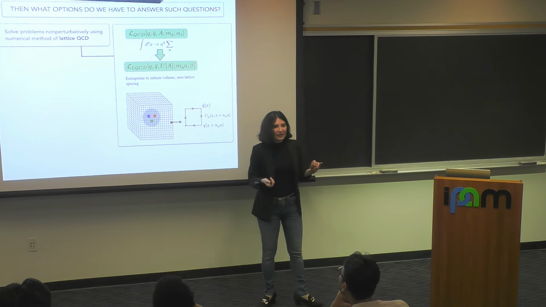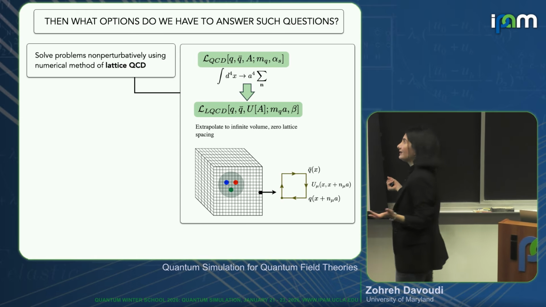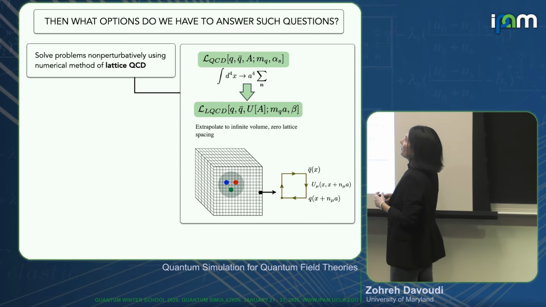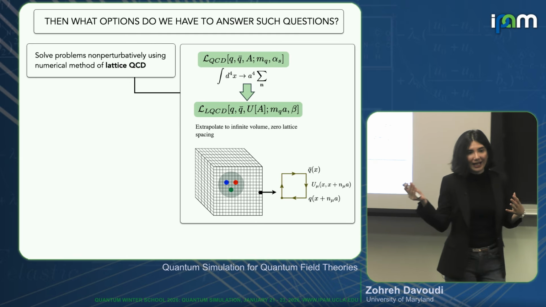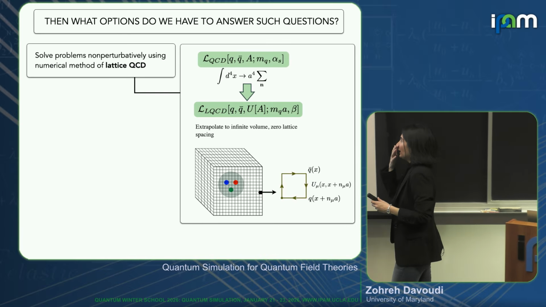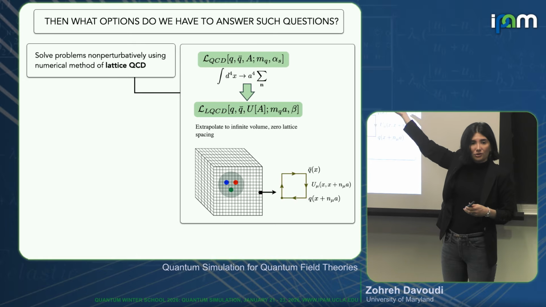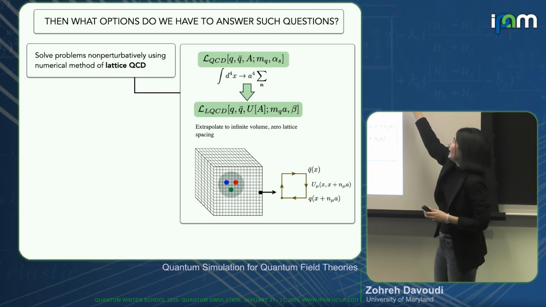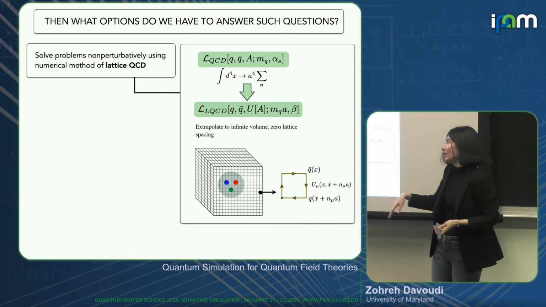All right, as I said, we can't do any perturbation theory, so we have to have something else. The option that is available to us is called the method of lattice QCD, or lattice quantum chromodynamics. You start from the Lagrangian of QCD that I showed in the previous slide and say, let me forget about the continuum of space and time.